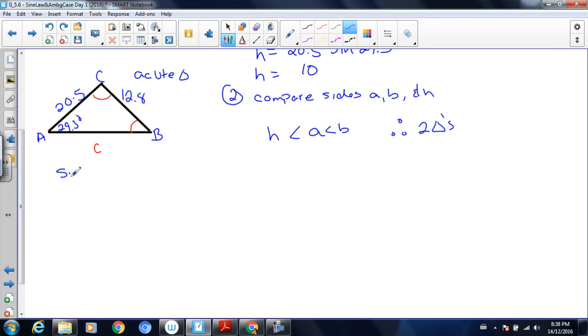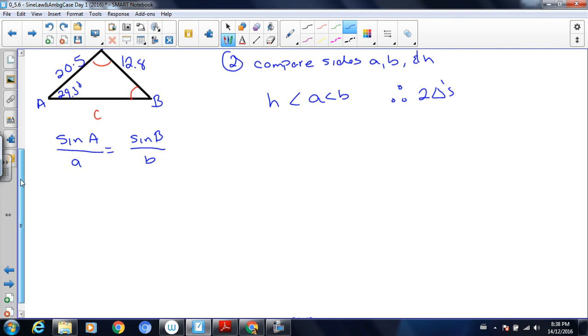So I have sine of A over A equal to sine of B over side B. So sine of 29.3 over side A, which is 12.8, is equal to sine of B over side B, which is 20.5.